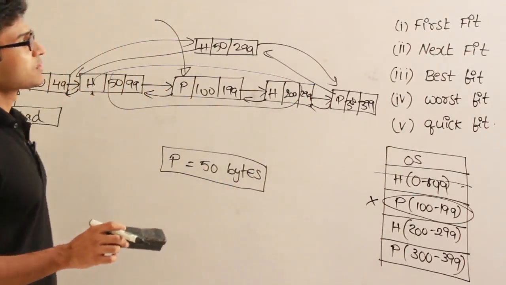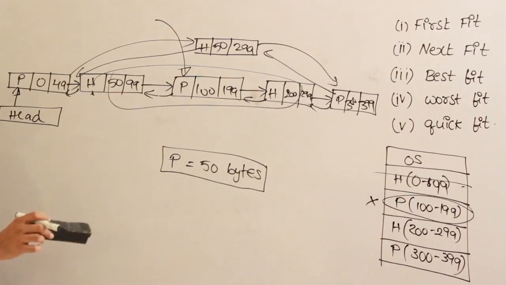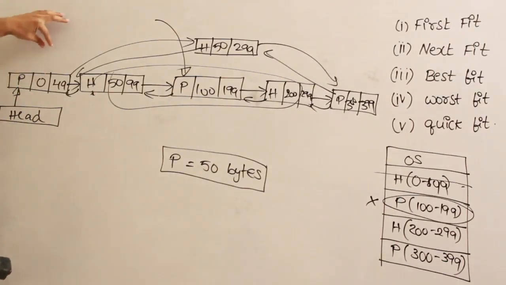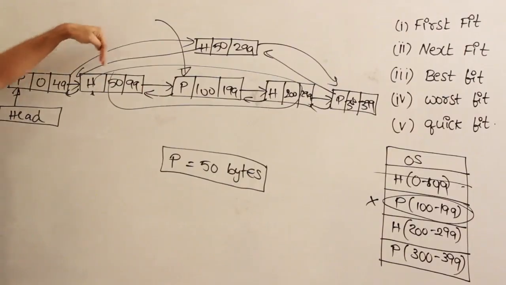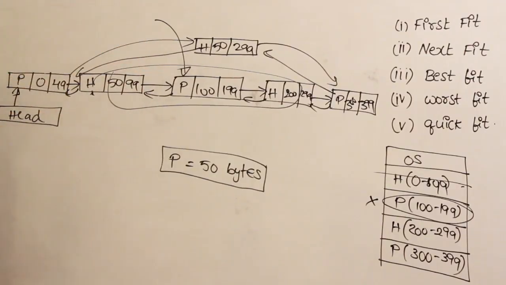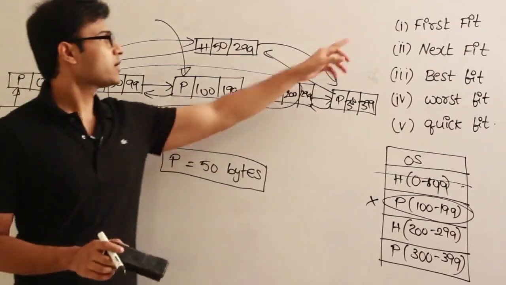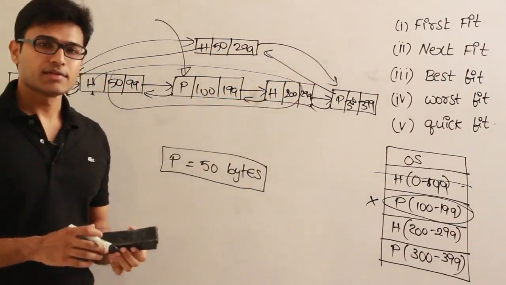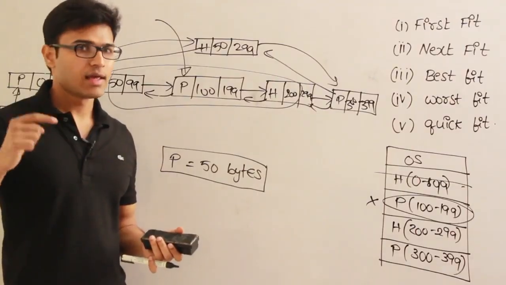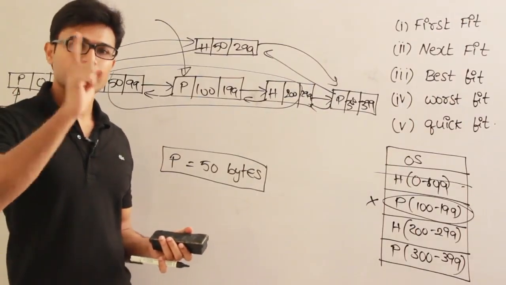Now the next one is next fit. Next fit says that wherever you scanned earlier, you start scanning from there. So next fit is exactly first fit, but we start scanning the list at the point where we left off earlier.